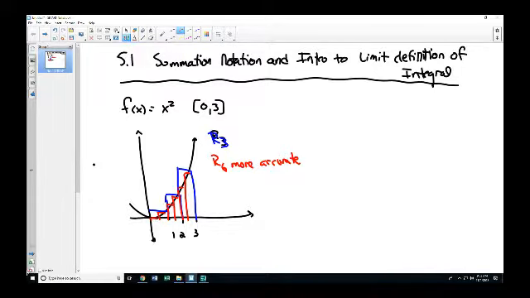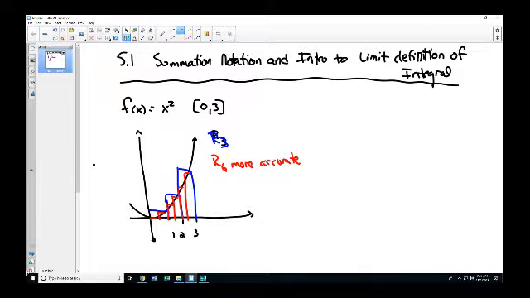Does that look more accurate? How could you make it more accurate? More intervals. Okay, so where is that number of intervals heading? Infinity. Bingo.